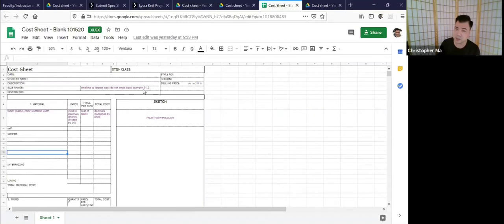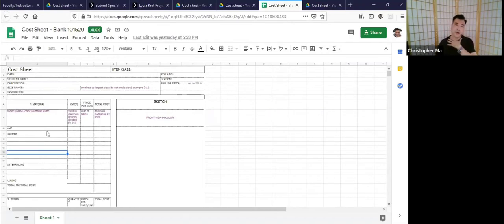In that case, you would say maybe small to extra large. All right, and the instructor is me. So that's finished with this part. On the right-hand side, you have the style number, which you can make one up. Season, fall 2020. Selling price, do not fill in. Please do not fill in anything there.